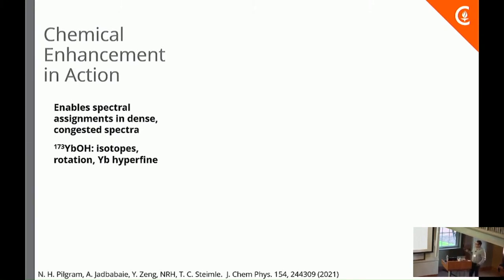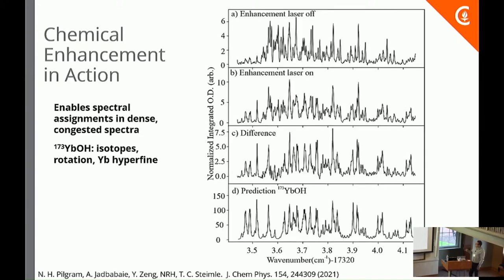So for example, 173YbOH has isotopic rotation and ytterbium hyperfine structure that's all about the same size and all overlapping. So if you look at a spectrum, this looks like those big molecules you saw yesterday, except this is like a triatomic, but there's just so much going on that the spectrum is very messy.